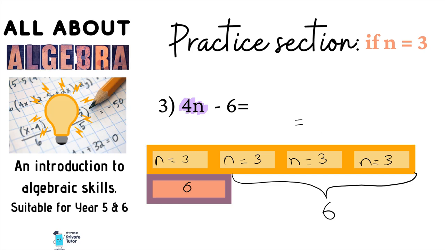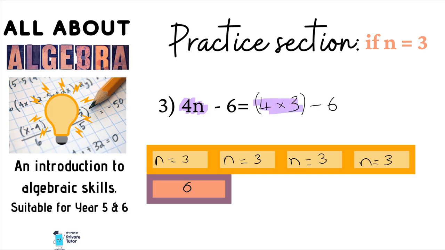Okay, let's do it now with substituting. Now 4n is equal to 4 lots of n, but remember we don't use the multiplication symbol. So 4n, I'm going to replace the n with 3 and put that in brackets. Okay, 4n is this 4 times 3, and then I need to subtract 6.